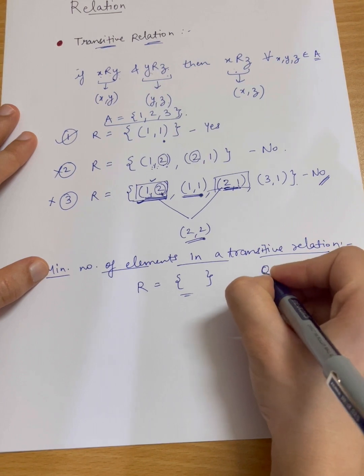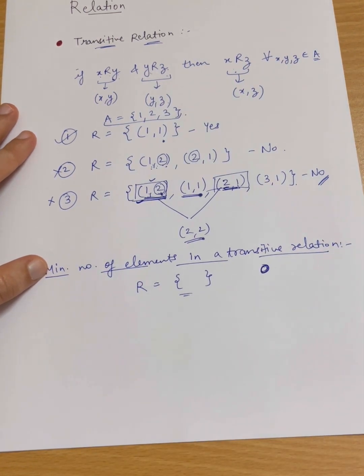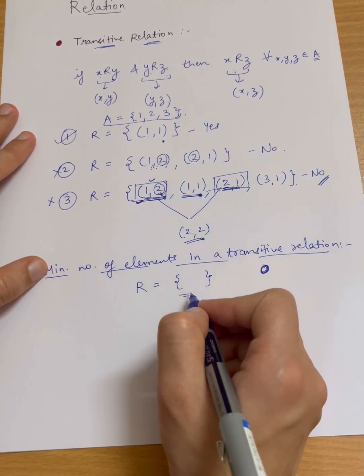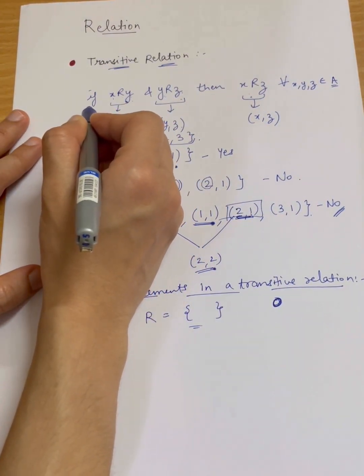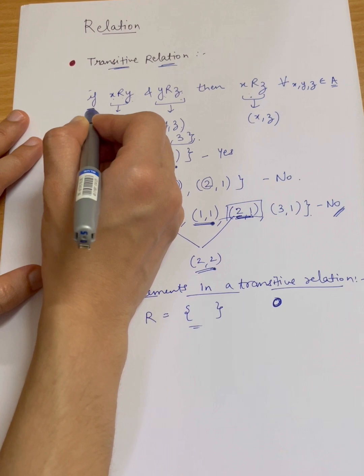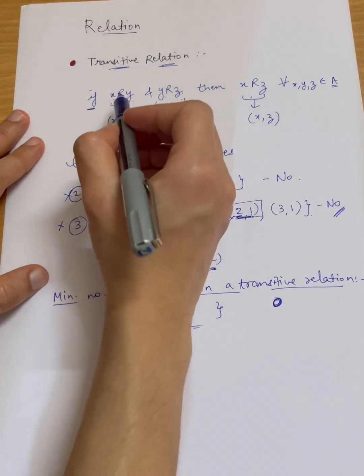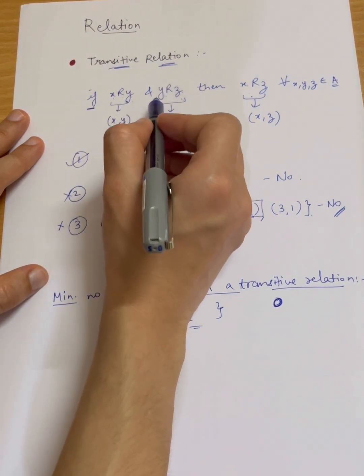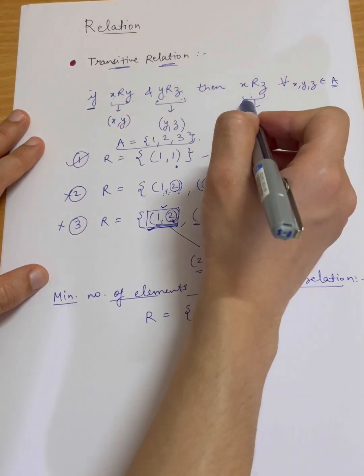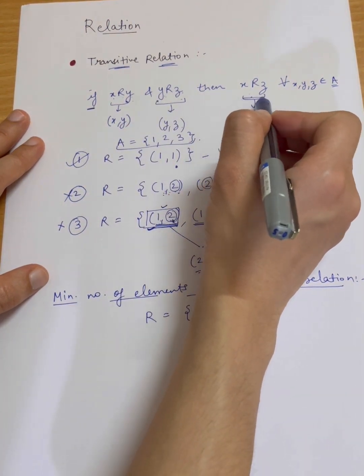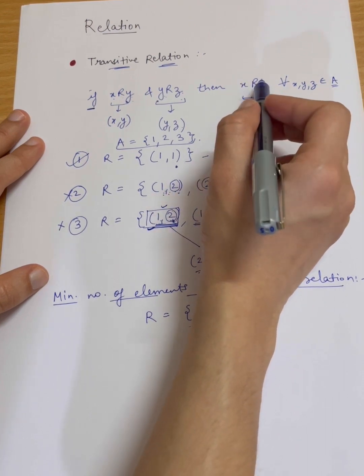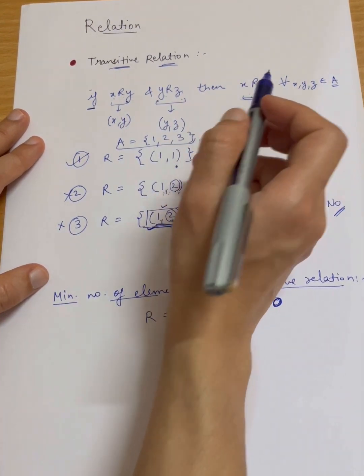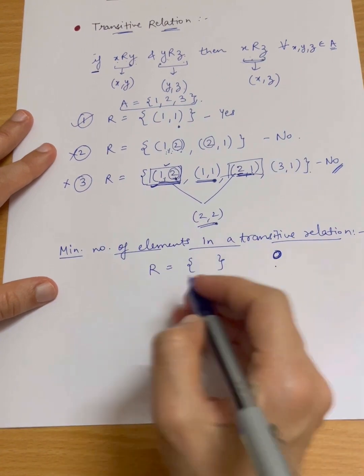The cardinality is 0. Why is it so? Because if there is no element, then it is not required to check the if condition. If the if condition is not present in any relation, then you don't need to check the result. So this is transitive.